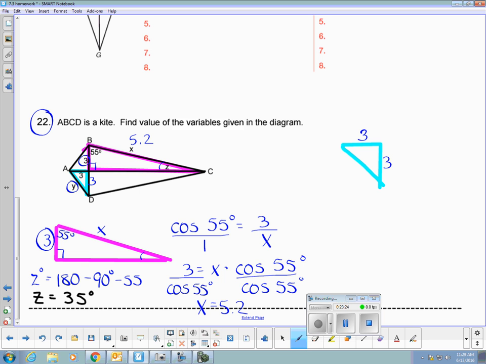So if I have a right triangle and the two legs are 3, then the hypotenuse is 3 times radical 2. That's a 45-45-90 right triangle. And I can also use the Pythagorean theorem. So I could have said 3 squared plus 3 squared is equal to c squared. So whichever way I solve it, side y is 3 radical 2.